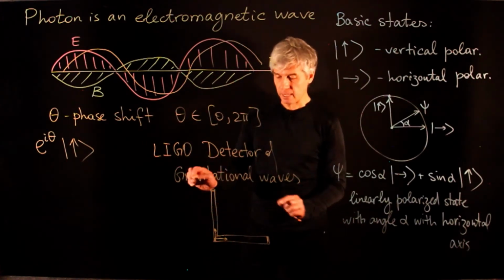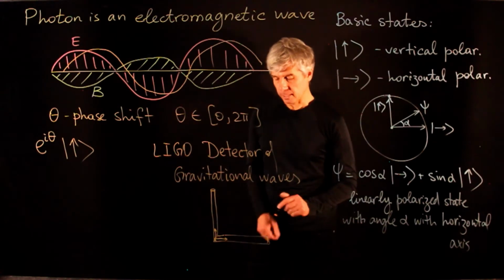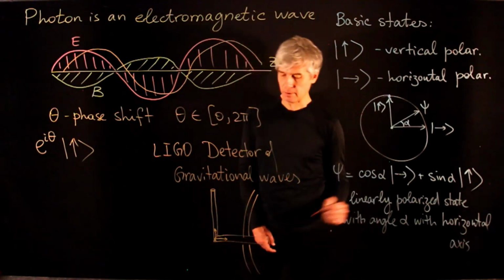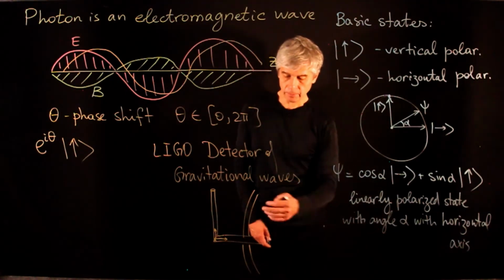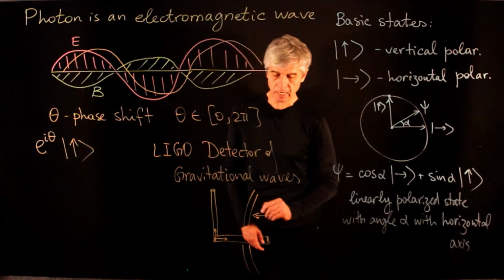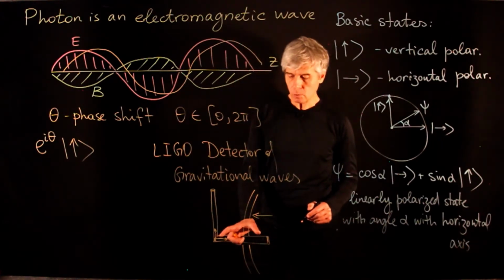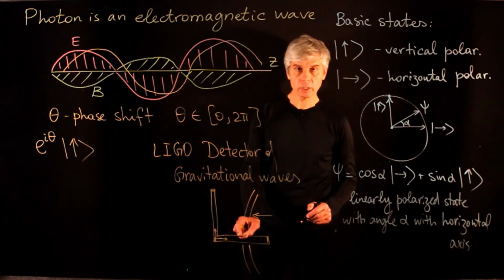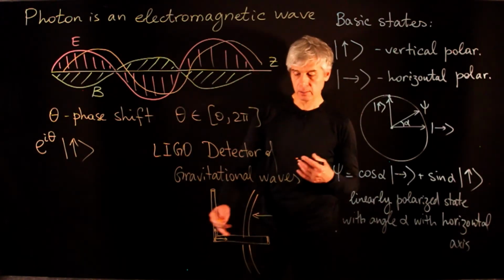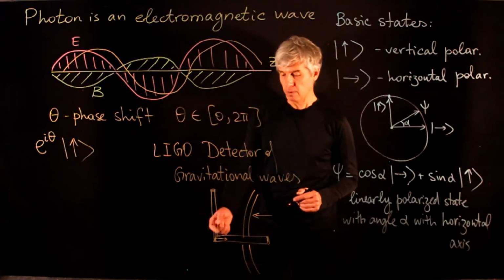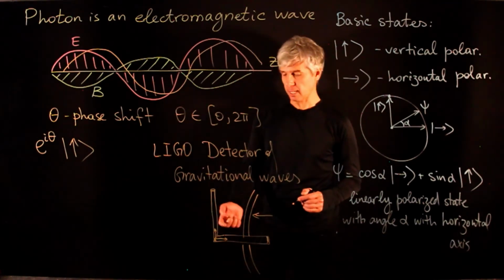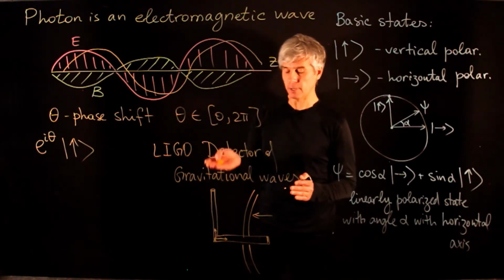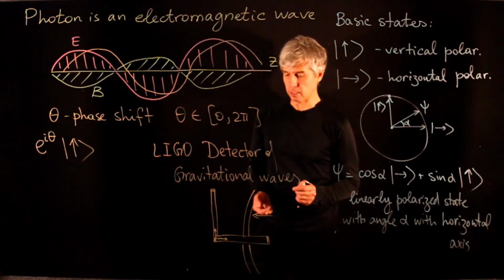This is very precisely calibrated. But imagine now that you have a gravity wave that passes through this detector. If the gravity wave propagates in this direction, it will make this leg slightly shorter or slightly longer, depending on the phase of the gravity wave, whereas the other leg will be unaffected, right? It will just become narrower or wider, but this will not affect the propagation of this beam.